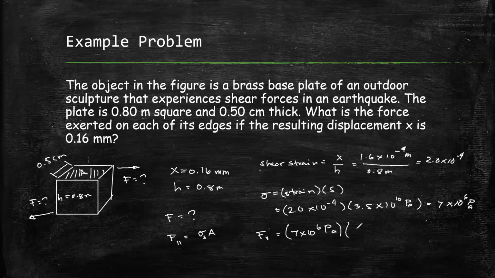Okay, to solve for the area, multiply 0.5 centimeter, don't forget to convert it into meter, times 0.8 meter. Therefore, our force applied is equal to 2.8 times 10 raised to 4 Newton.